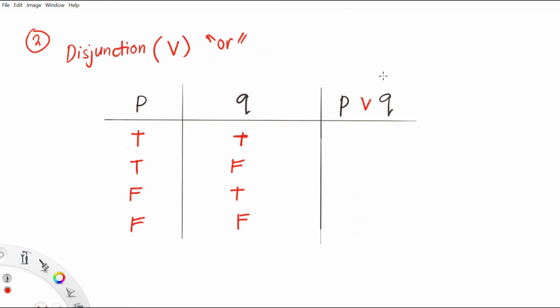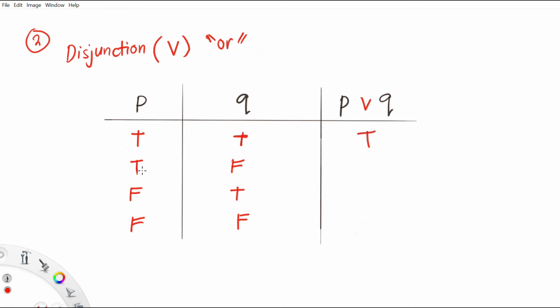Disjunction is a proposition which is the result of combining two other propositions called disjuncts with the connective word or. So P or Q: true or true, the result is true.